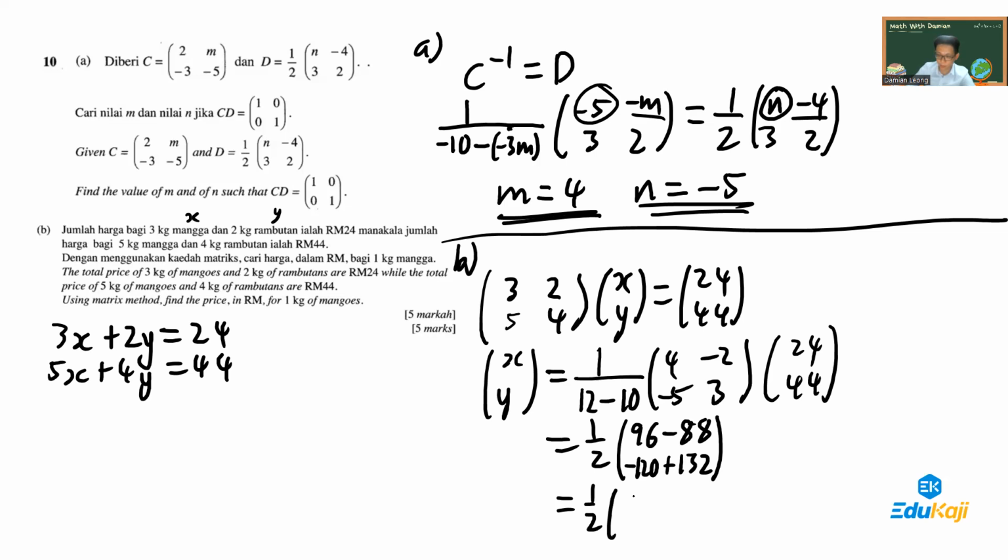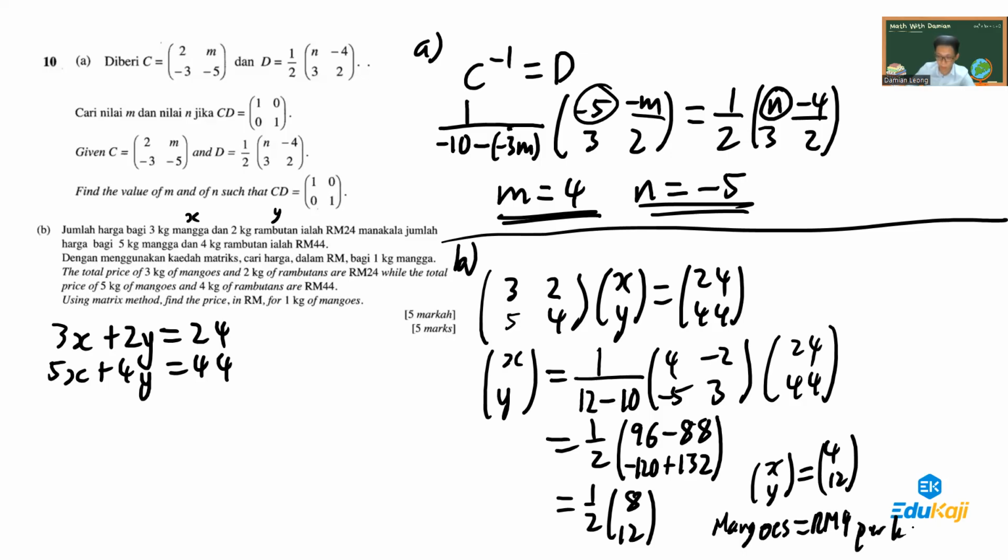So it's half of 8, 12. So xy is 4, 6, which means mangoes is 4 ringgit per kg.